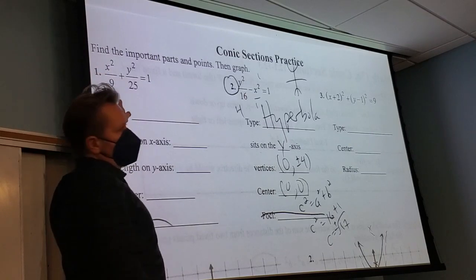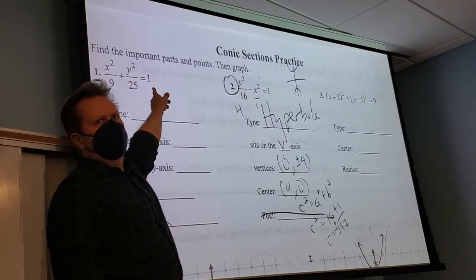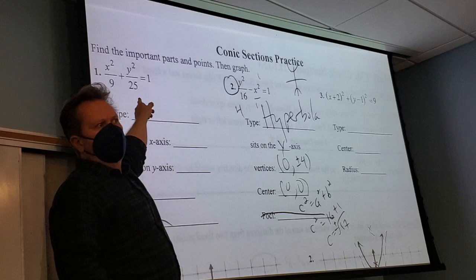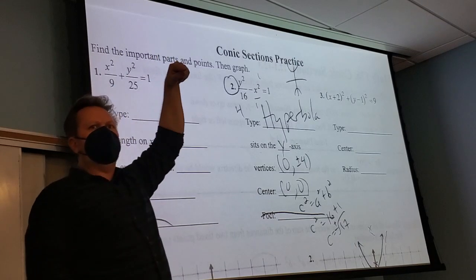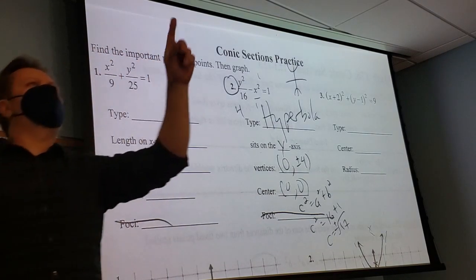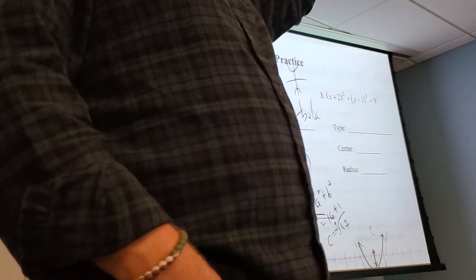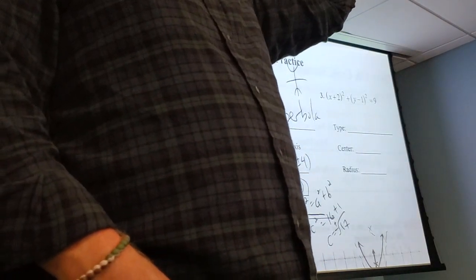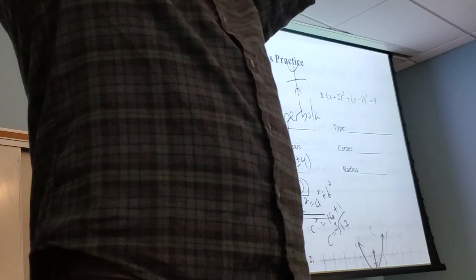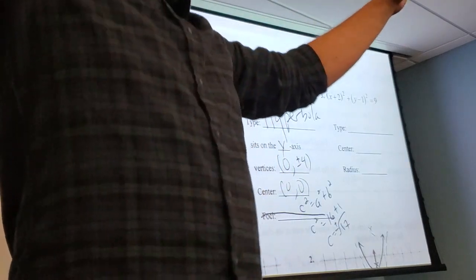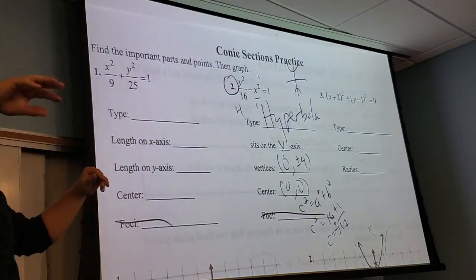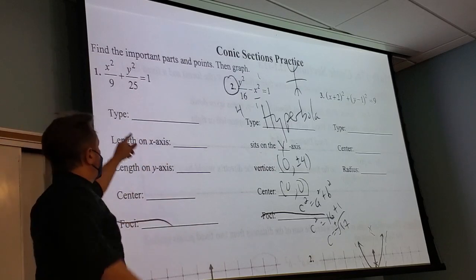What shape would number 1 be? Why could 1 not be a hyperbola? Let's start there. Why would 1 definitely not be a hyperbola? It's a plus, not a minus. Immediately I can rule out hyperbola. How do I know it's an ellipse, not a circle? Coefficients are not the same.